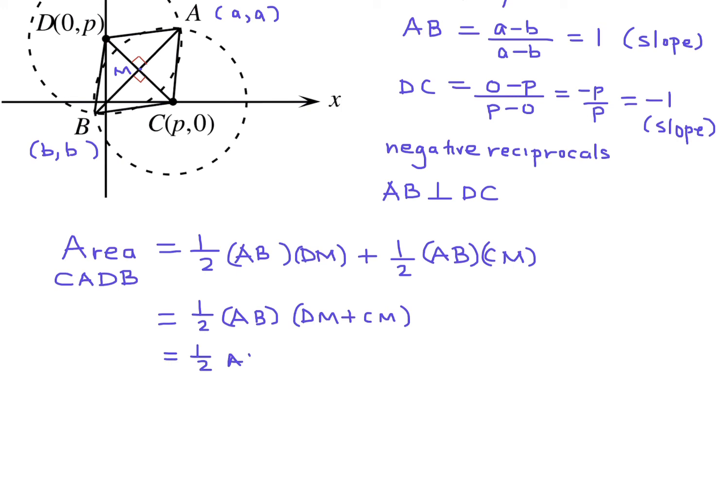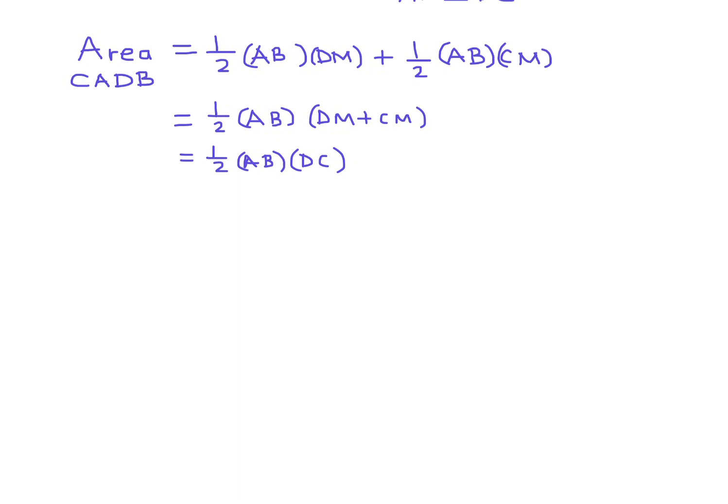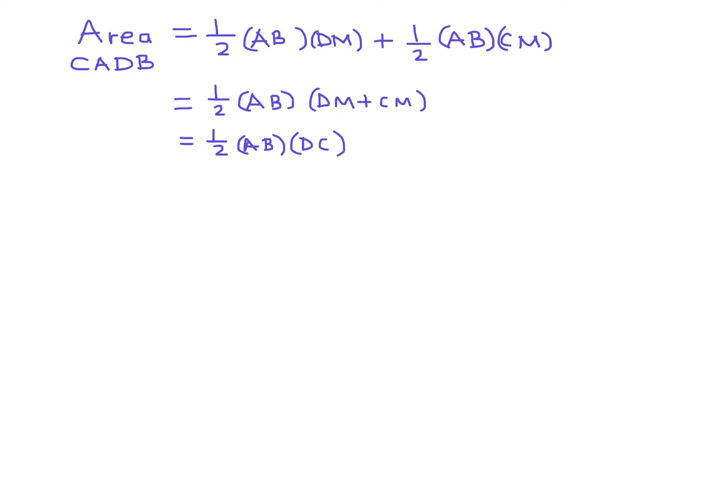Correct? And the reason I did that is because DM plus CM is just DC, and that makes our formula a little simpler. And this is what we have to deal with. We have to maximize this according to the question. Maximize this area of CADB.